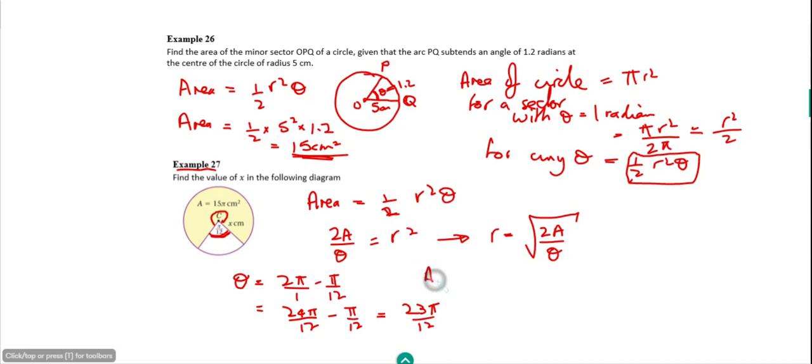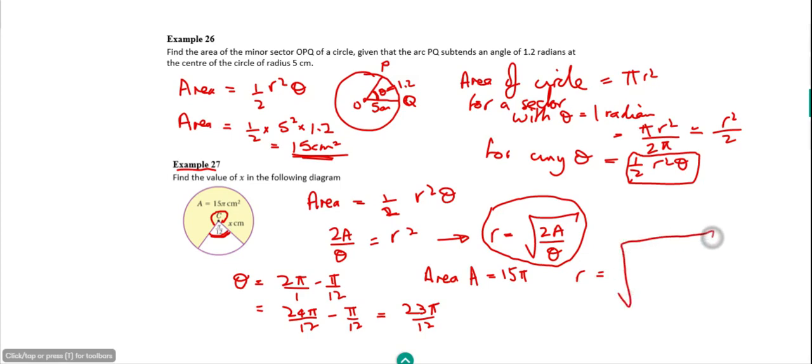So the area, which is A, is 15 pi. We can put all that into this rearranged formula. So we get that r is equal to the square root of 2 times 15 pi all over 23 pi over 12.